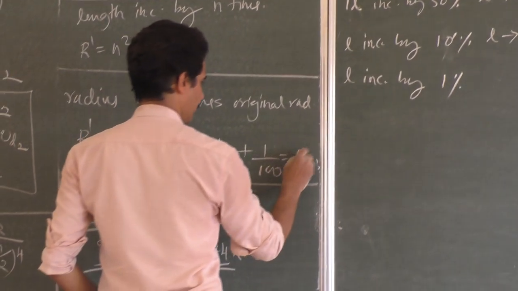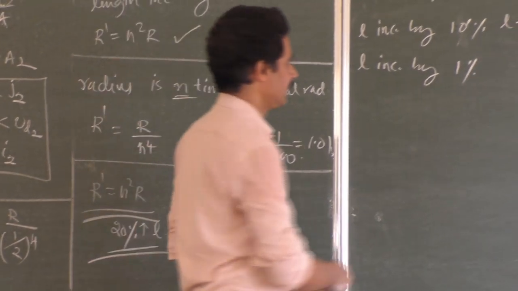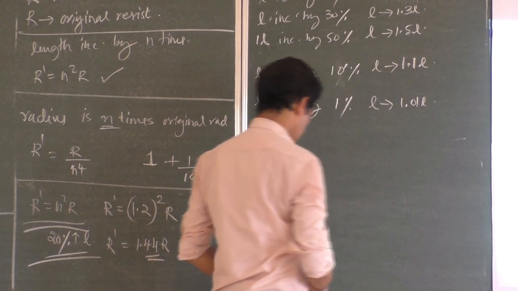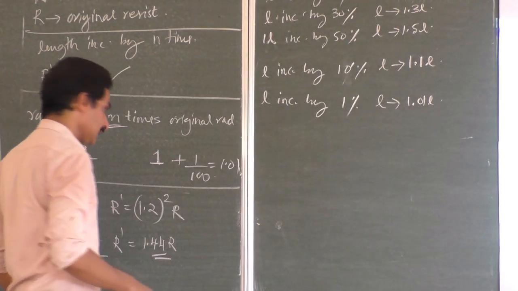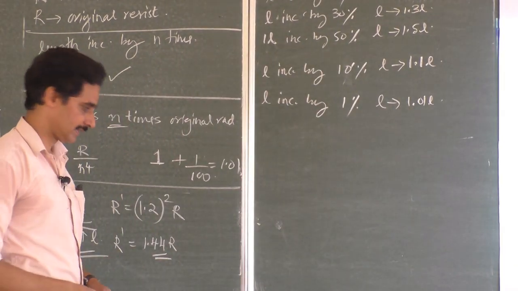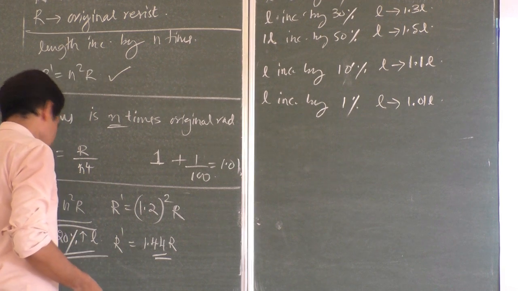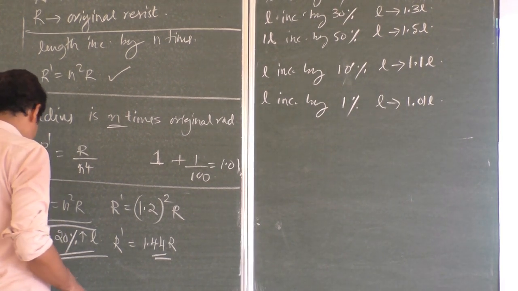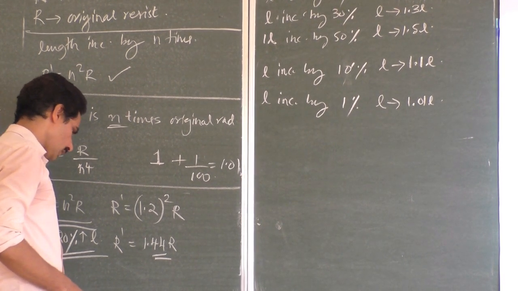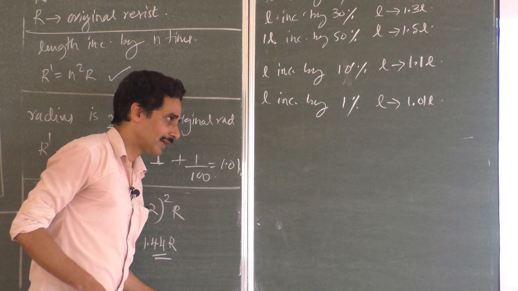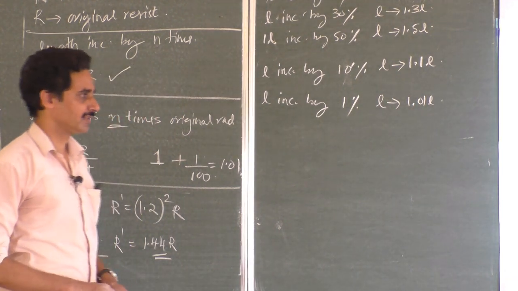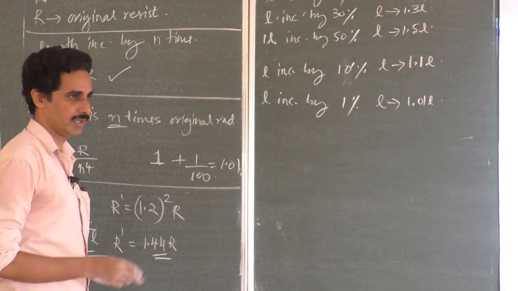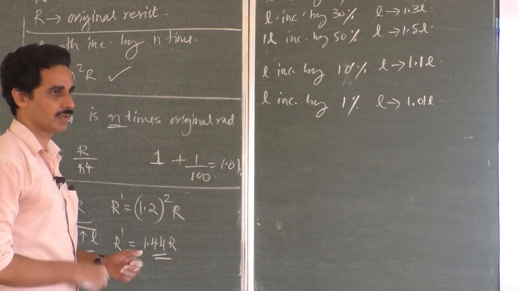That is 1.01. Am I right? L becomes 1.01 L. So if the length of the wire increases by 1% after stretching, what is the percentage increase in the resistance? That is the question now. Of course, these problems give you a lot of ideas. And if you get a similar type of equation in some other chapter, of course, the method is the same. Same procedure, same mathematics, only the concept is different.